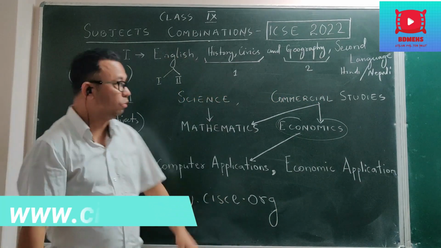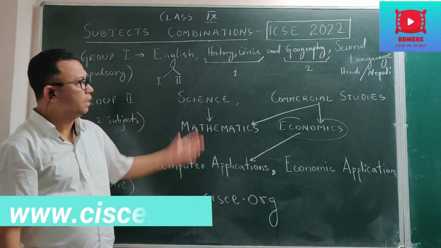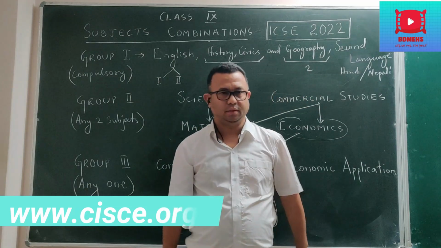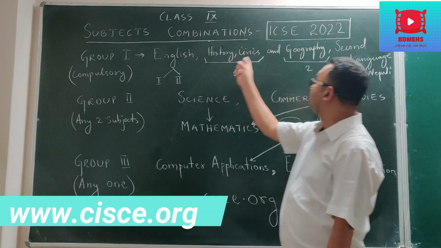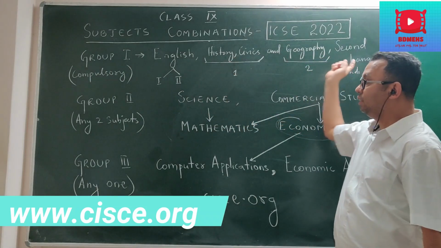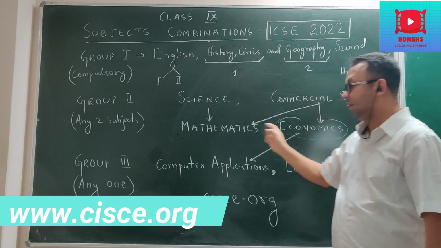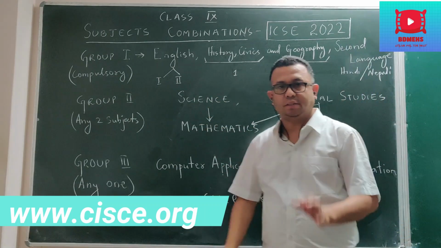Now, when I talk about regulation, how the subjects, what are the different subjects given, how the subjects are distributed into your internal assessment. Now, when I say internal assessment, for this subject, 1, 2, 3, then 4, then 5, 6, and 7. For group 1 and group 2, every subject is divided into 2 parts.